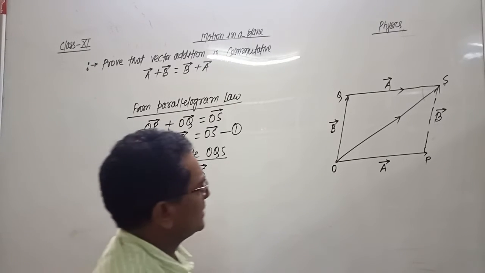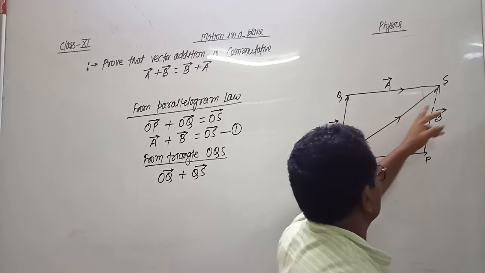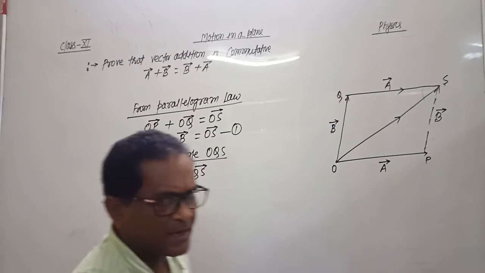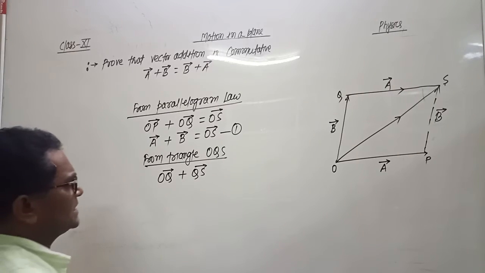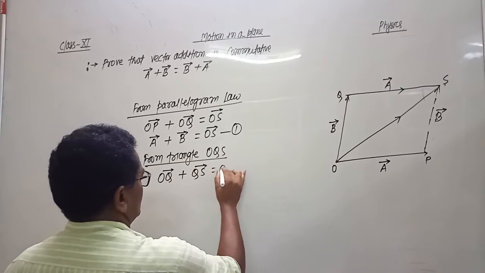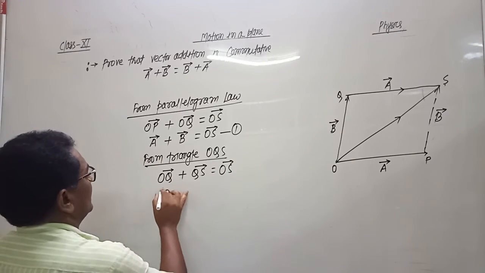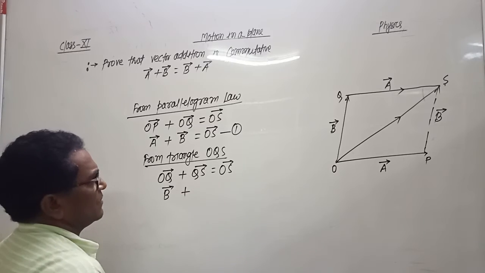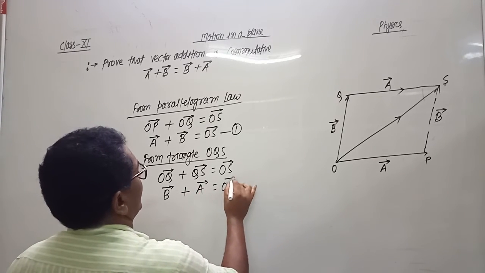So the line joining the tail end of one vector to the head end of another vector gives the resultant vector. So OQ vector plus QS vector equals OS vector, and the value of OQ is vector B and the value of QS is vector A, which equals OS vector.